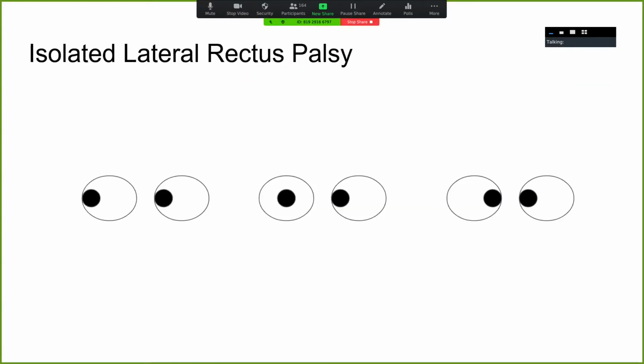Okay, what if it's just a LR palsy? This is notorious, this can be confusing, and it's non-lateralizing when you get it. Here, this patient on primary gaze, the left eye is deviated towards the nose. You checked for right lateral gaze, no problems. You check for gaze to the left, the eye didn't move, it's still deviated inwards, but the right eye was able to move. This tells you one thing.